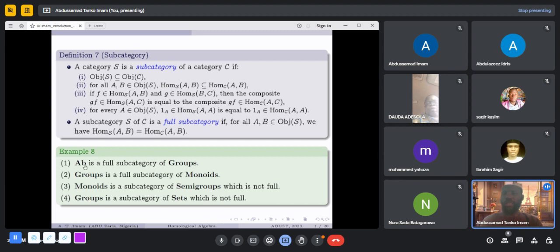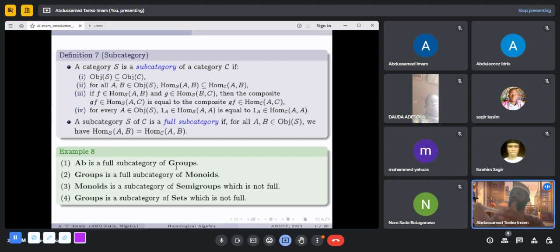You see, Abelian, the category of all abelian groups, is a full subcategory of the category of groups. Because if you take any two abelian groups, they are groups in their own right. Now, if you are looking at them as groups, all group homomorphisms are also abelian group homomorphisms, because every group homomorphism preserves the identity and it preserves the commutativity actually. So there is no distinction between a homomorphism between two abelian groups and a homomorphism between two groups.